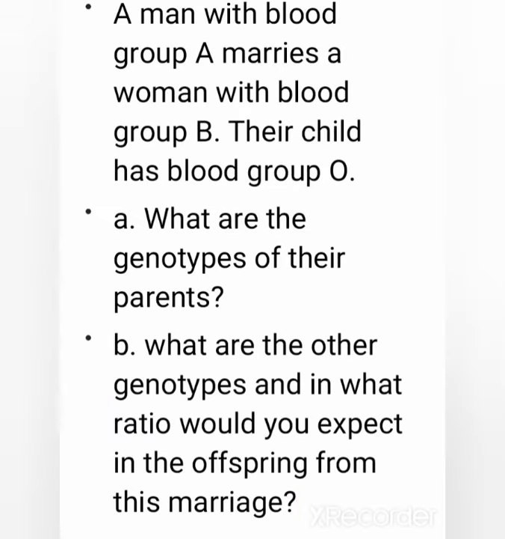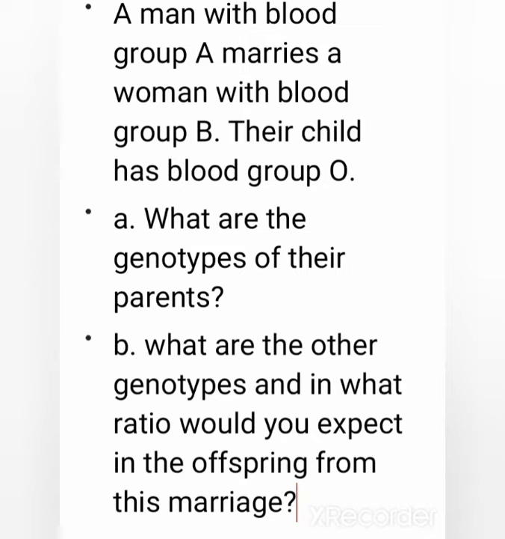Next question. A man with blood group A marries a woman with blood group B. Their child has blood group O. What are the genotypes of their parents? What are the other genotypes and in what ratio would you expect in the offspring from this marriage?